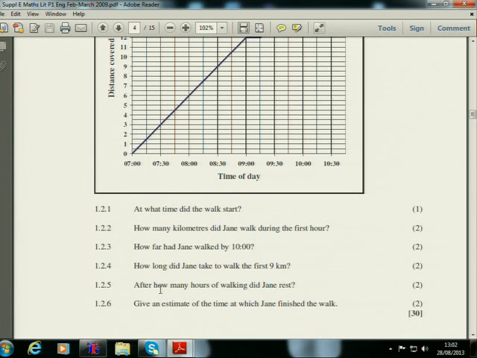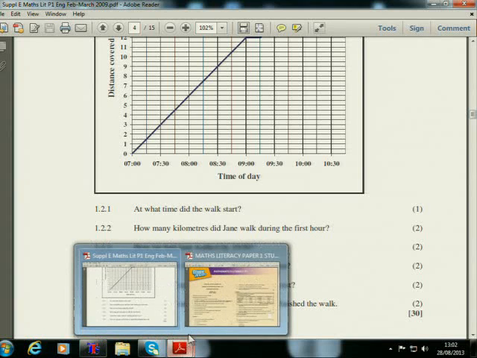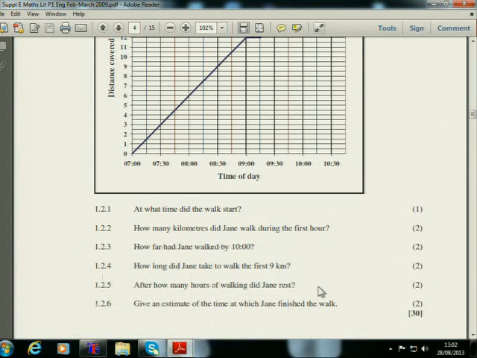We go right across from 9 kilometers until we meet the graph, and then when we meet the graph, we go down to determine the time of day. That will give us the time it took Jane to walk the first 9 kilometers. And as you go across to the graph and go down, you get to 8:30. But that is not our answer.